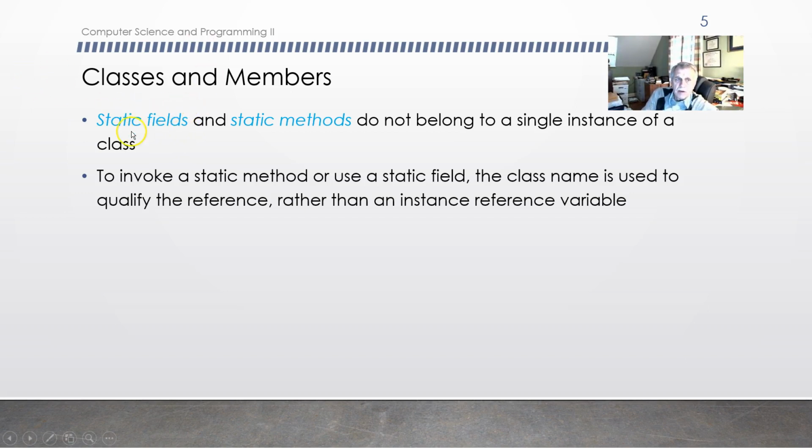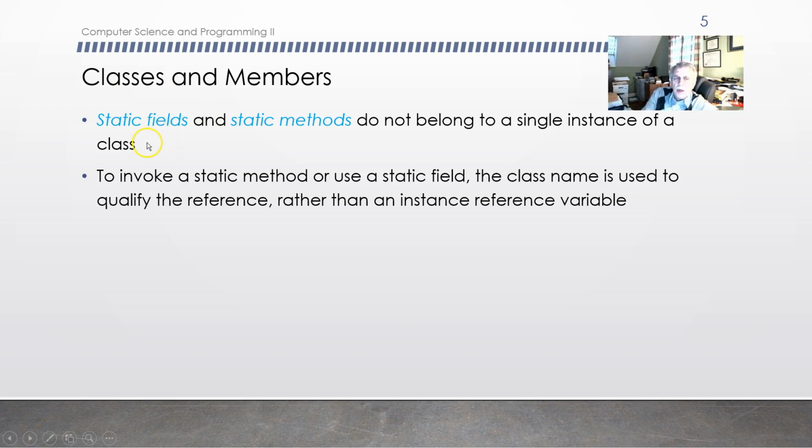So we have static fields and static methods, so that when we create an object, regardless of how many object instances we instantiate, there will be only one instance of a static field, whatever that field is, and only one instance of the static method. But more importantly, we're talking about fields at the moment. We'll talk about the static methods in just a bit.